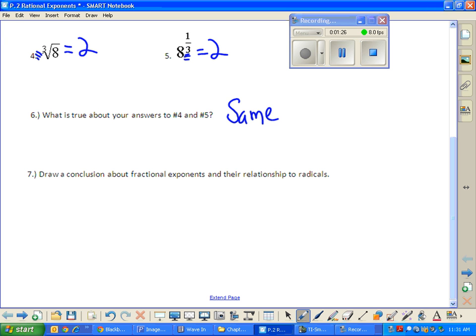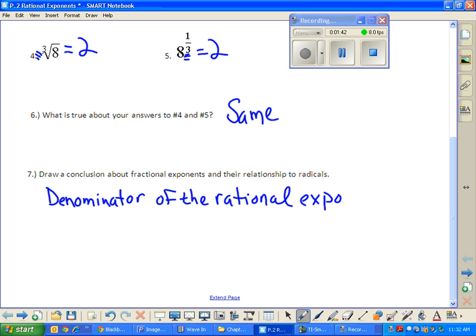Nice. I'm just going to focus on the first thing that you said. The denominator of the rational exponent or fractional exponent is actually equal to the root, or some of you like to call it the index of your radical.